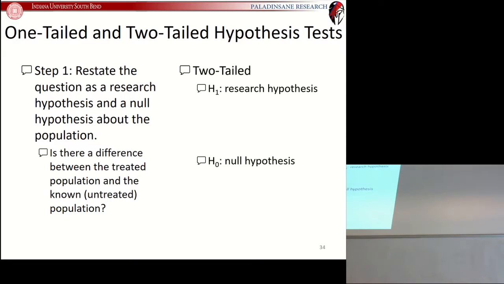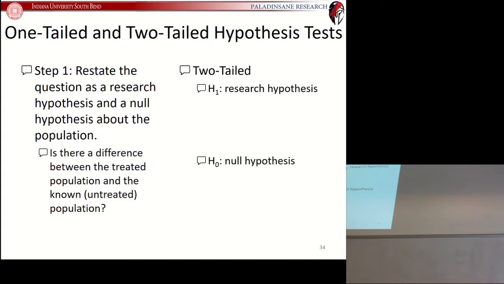Now, one thing that's going to help you out making these two hypotheses for your one-tailed and your two-tailed tests is that your hypotheses, your null hypothesis and your research hypothesis, have to cover every single possibility that can be an outcome of an experiment.